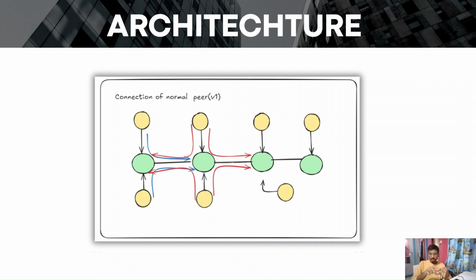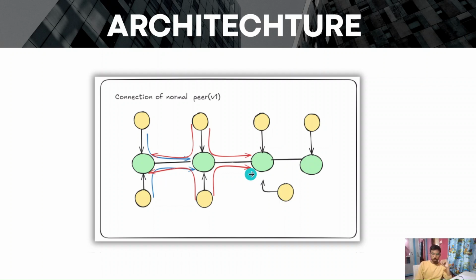And as you can see, not a very high number of peers are connected to each super node, so it doesn't require very large computation power, and we can distribute that large amount among the participants.